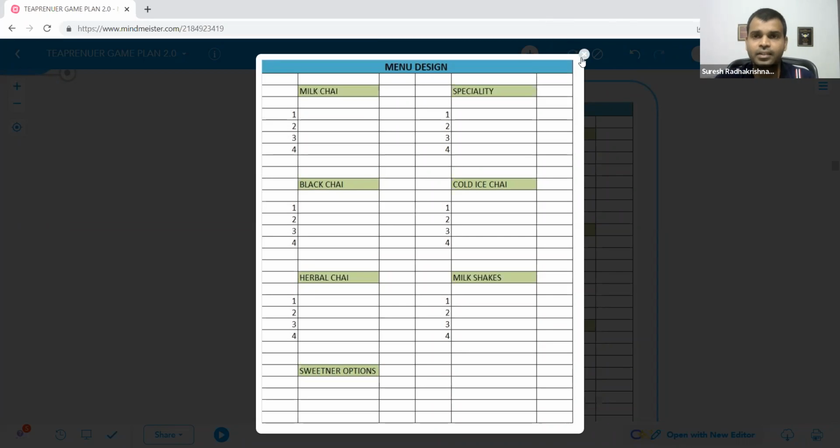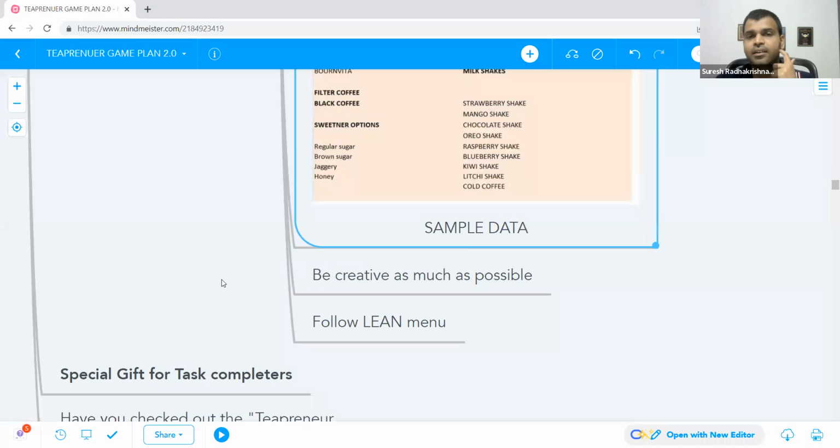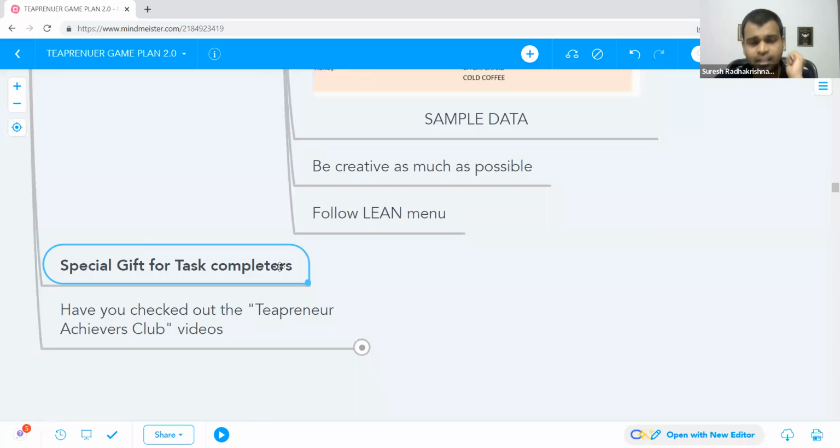Before you complete all 5 days, you should have the confidence that you know the fundamentals of starting this business end to end. Learning the advanced level is different, but you need to be confident about starting a modern day outlet and building a profitable business. This is the sample data. Use that and complete this activity. As usual, there will be special gifts for task completers, which I will share after the 5 sessions.